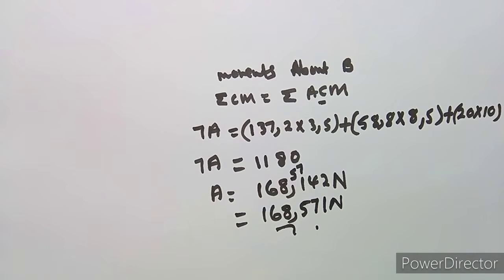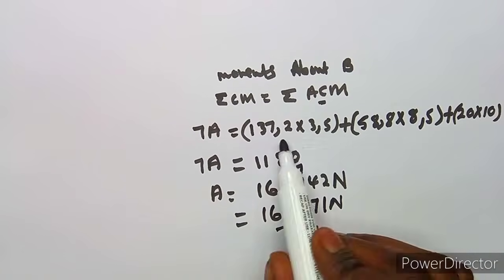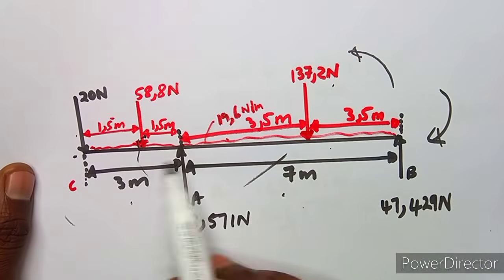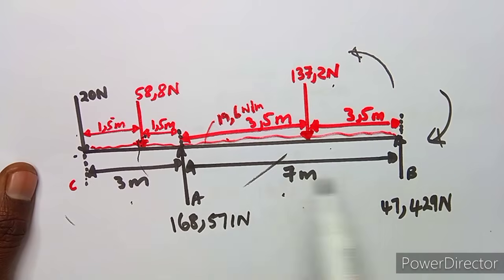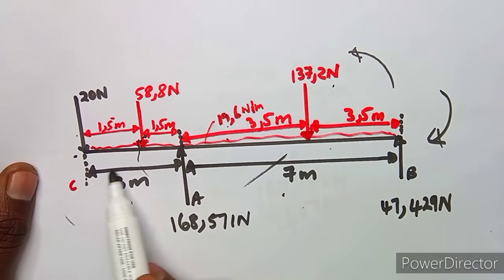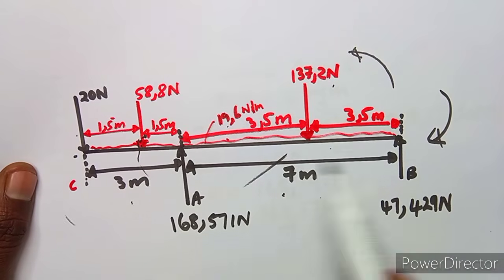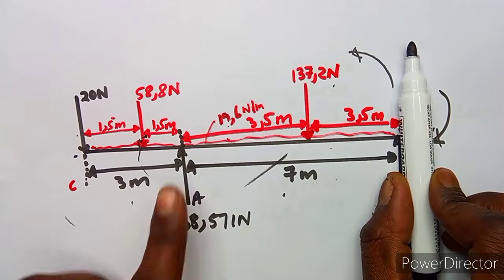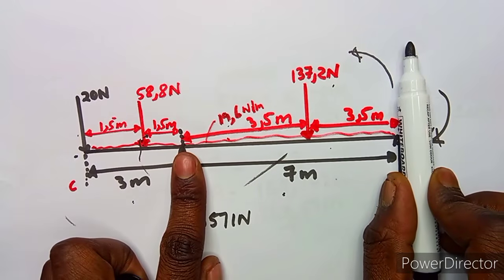Like I said, I could have done this. Take a look at the distributed load, how I took it like this one and this one. We could have just taken this way to say that this 19,6 is separated in between what? In between 10 meters, because you are talking of B, so A is not important for that moment.